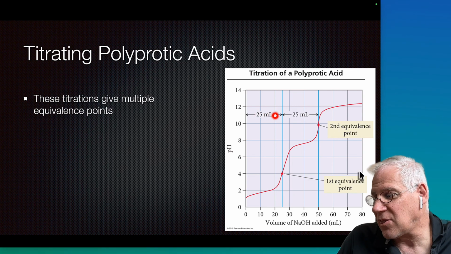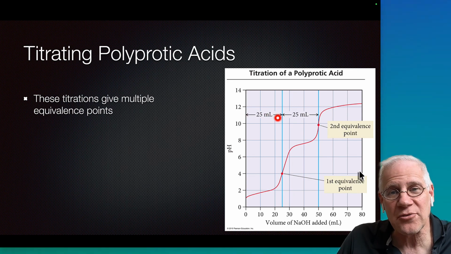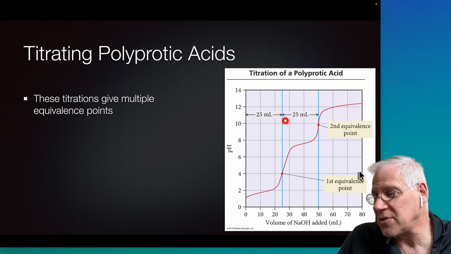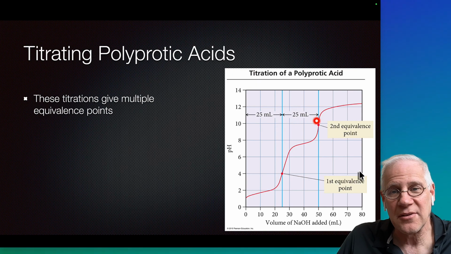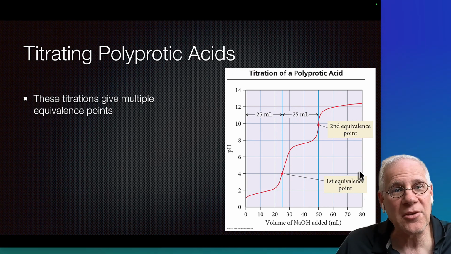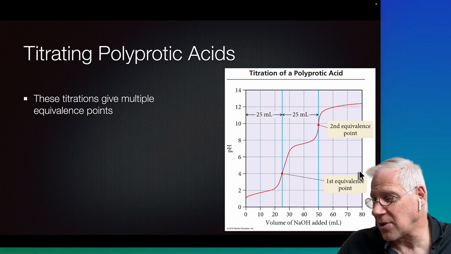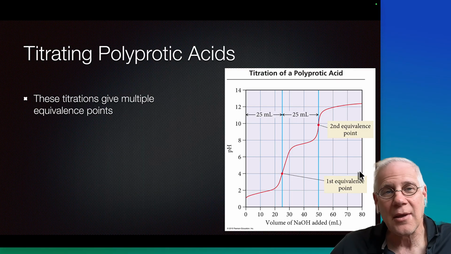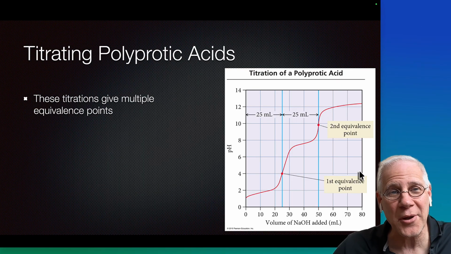So in theory, if it takes 25 milliliters to reach the first endpoint, it's going to take 25 milliliters to reach the second endpoint. Now, in practice, sometimes different things can happen because you can run into some kinetic issues, you can run into some thermodynamics issues, and it doesn't always go quite as well as you hope, but it's usually fairly close.